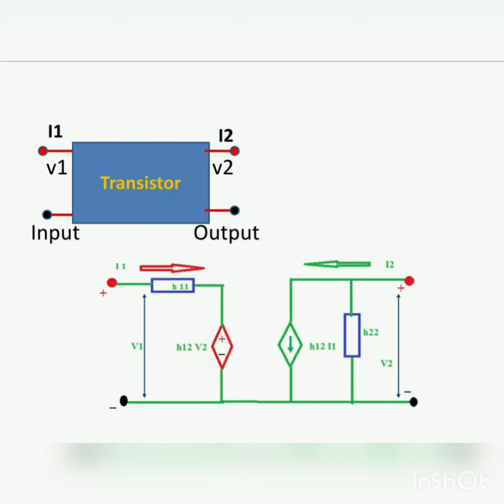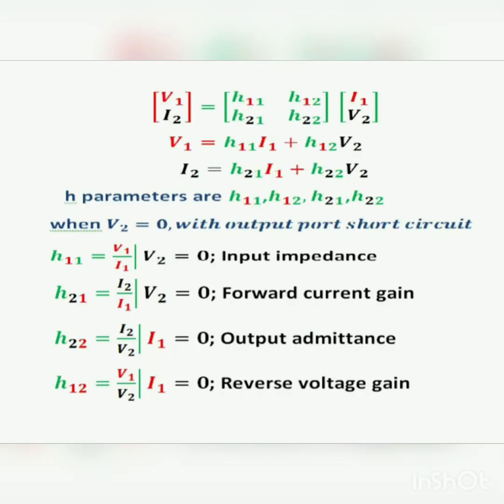We are replacing those with current sources and dependent current sources as well as voltage sources here. You can clearly see I have mentioned H11, H21, H22, H12.